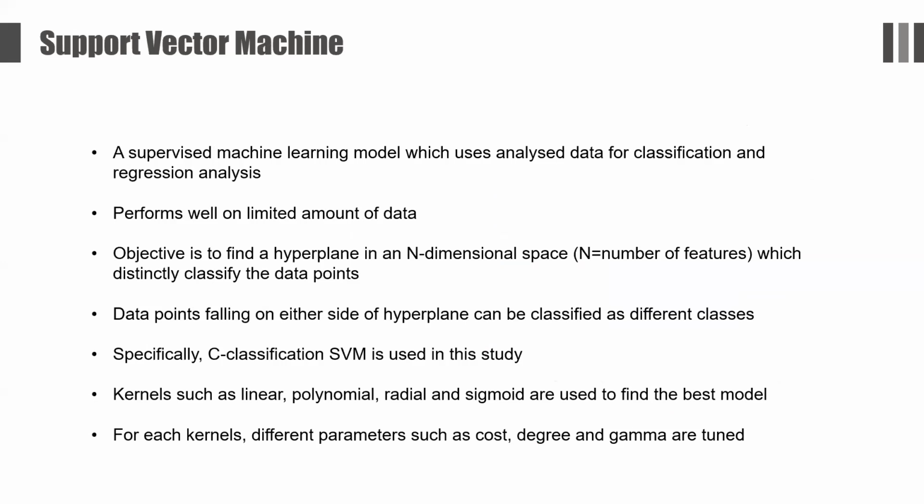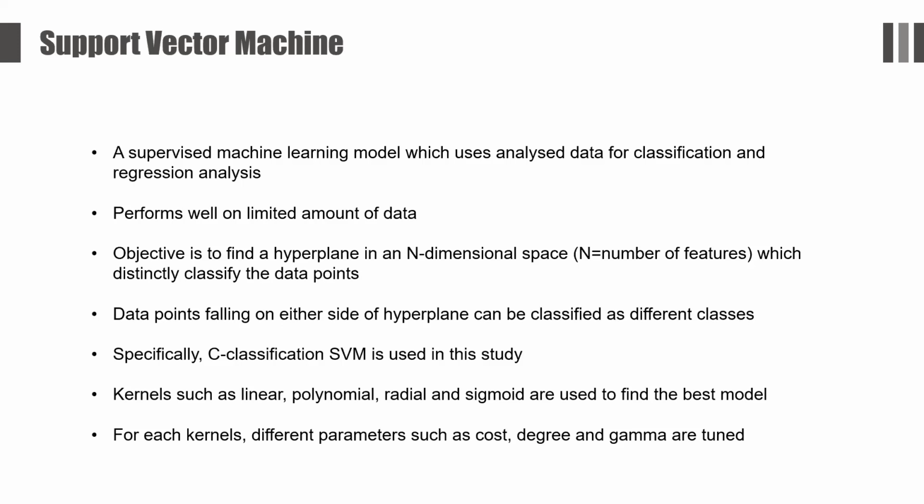Support vector machine, a supervised machine learning model used to analyze data for classification and regression analysis, performs well on limited amounts of data. The objective is to find a hyperplane in an n-dimensional space which distinctly classifies the data points. Data points falling on either side of the hyperplane can be classified as different classes.